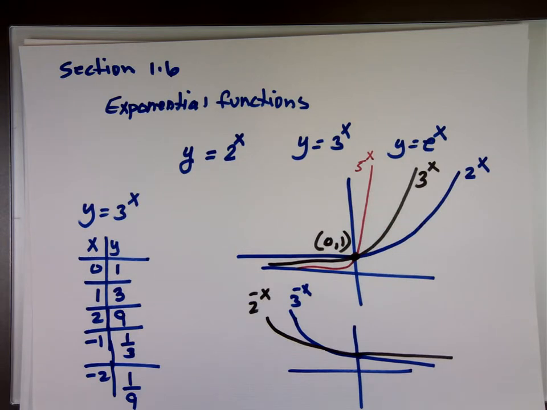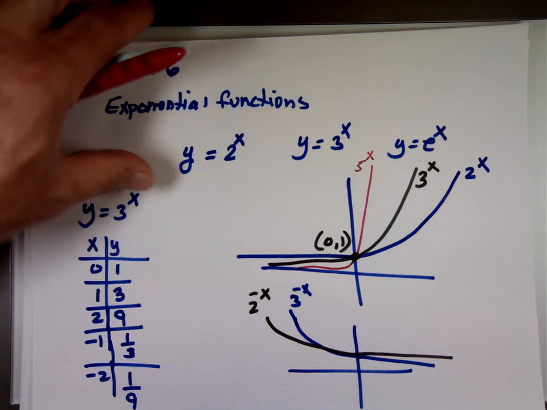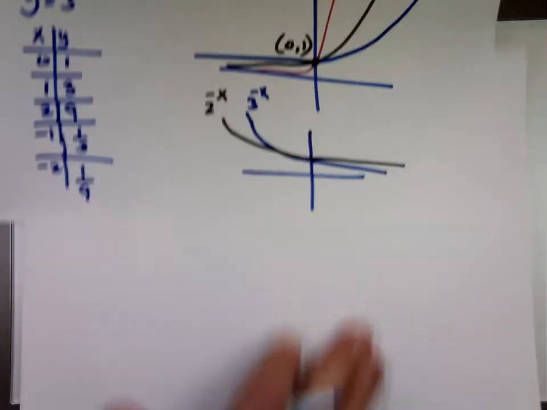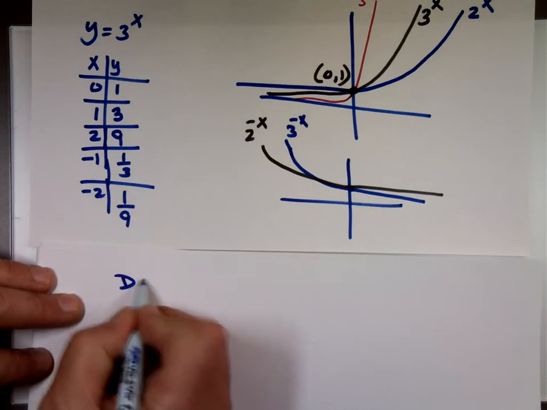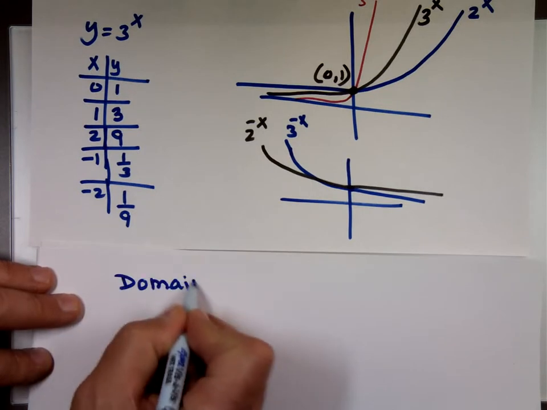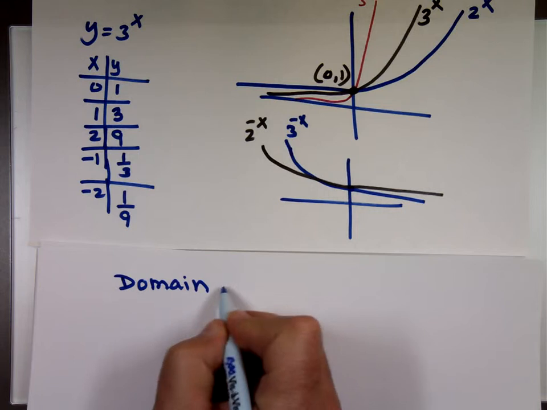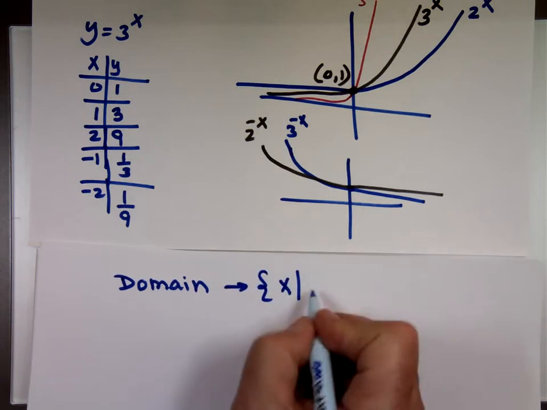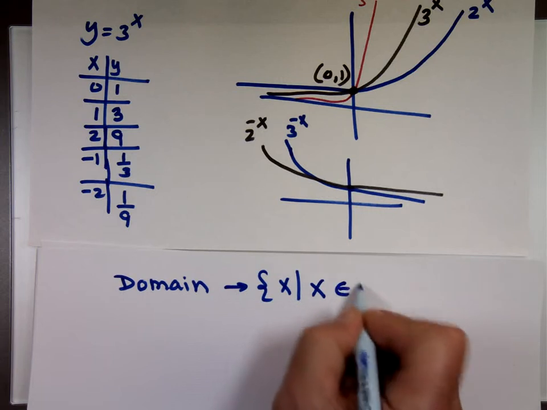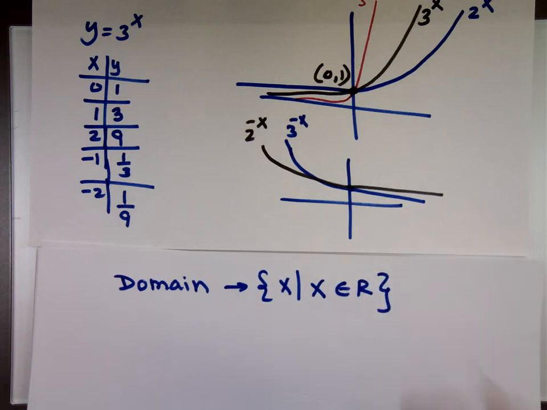What do you notice about this? Let's look at a few things. What's your domain for them? The domain is what? X is what? All real numbers. X belongs to R. All real numbers.